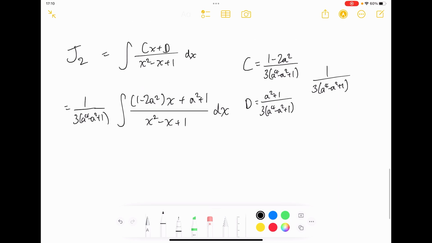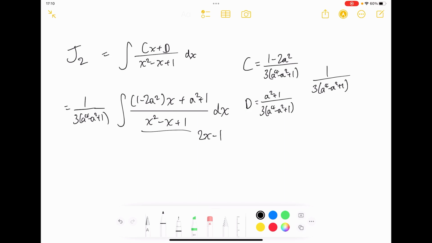But you know what? It's fine. So, remember how for J1, we got the quote-unquote left integral, and we did a u-sub on that. Well, if we did the same thing, it wouldn't work as well, because we have an x squared minus x plus 1. And differentiating that gets us 2x minus 1.